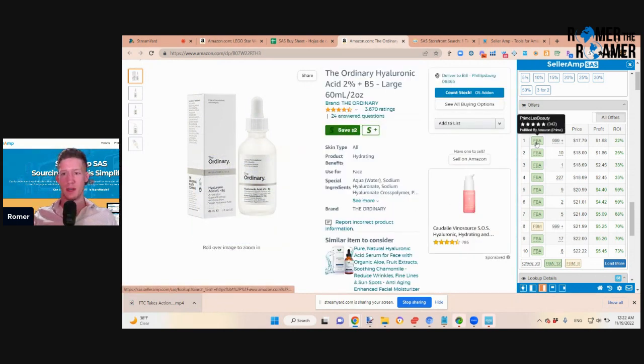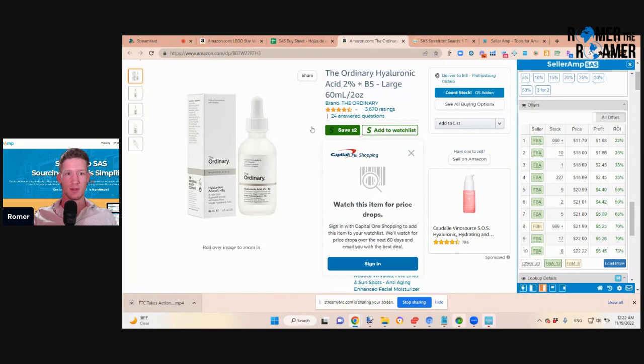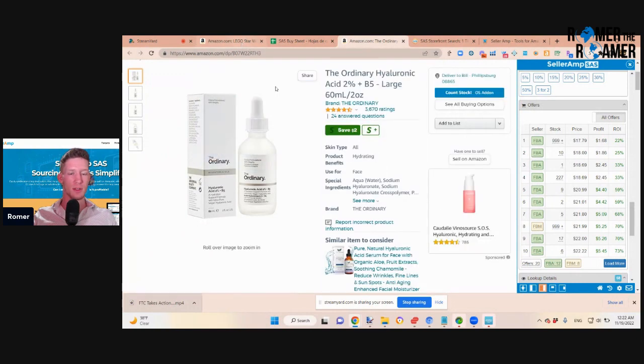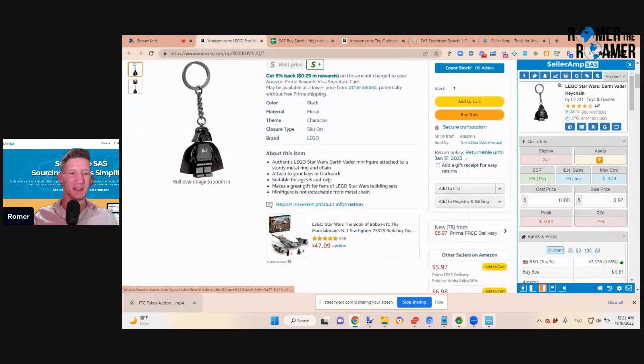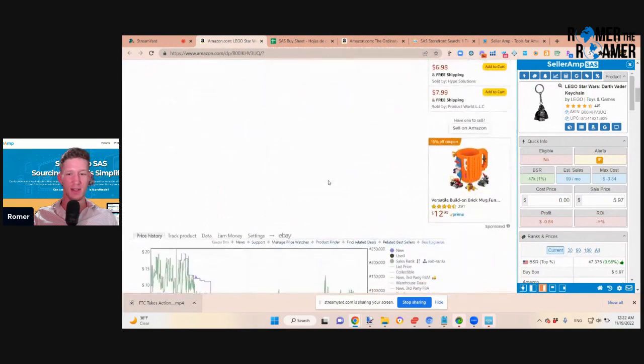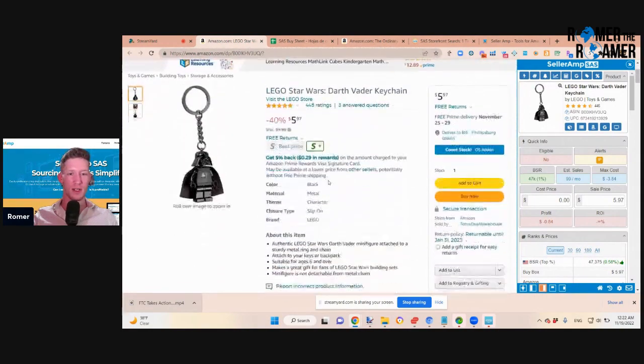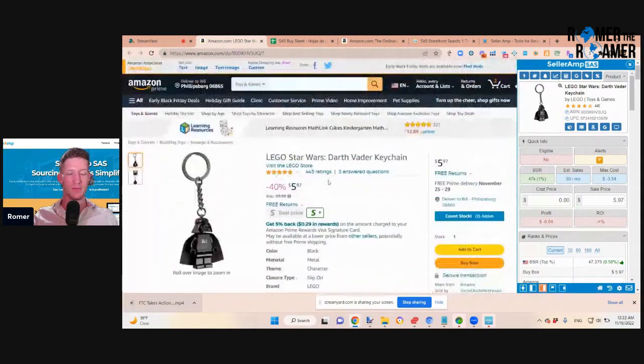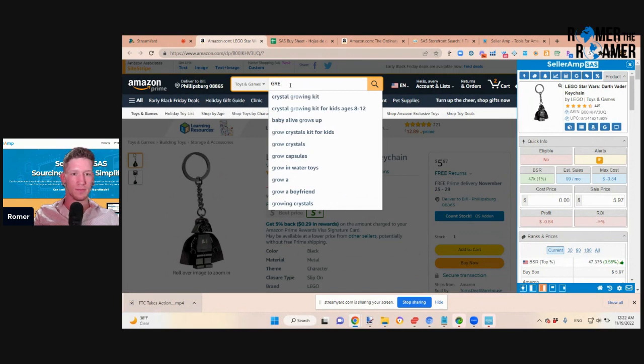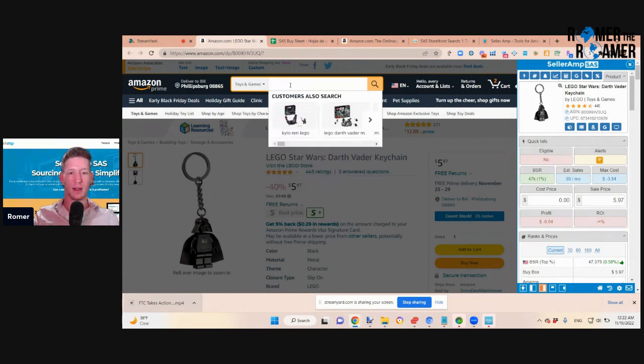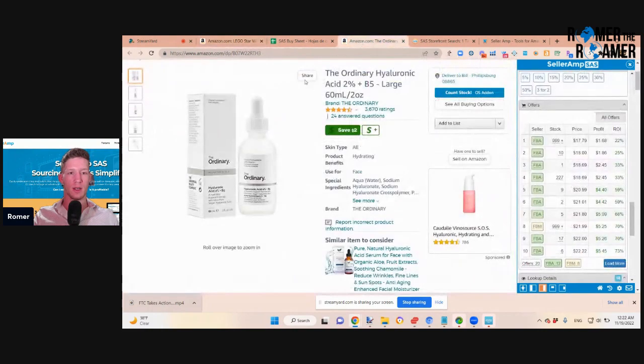So let's see if we can find some sellers that are absolutely crushing. Actually, no, I wanted to start with this one. This is another product. Feel free to start with either of these products, guys, when you're doing Seller Amp. Usually what we recommend to do is type in Great Value or Nike and find a random Great Value or Nike product. Here, I'll type it in.